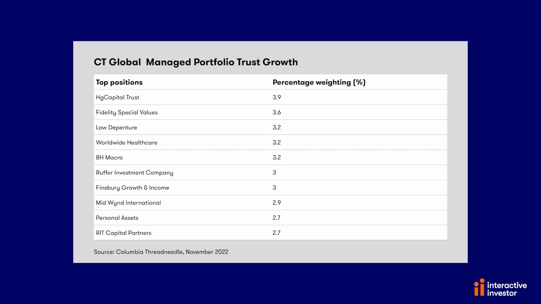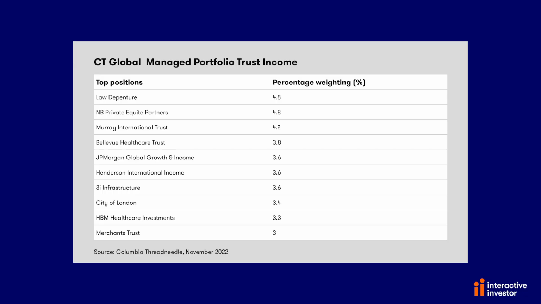I also don't want to own 100. You start proliferating lots of trusts and very small positions at the bottom of the portfolio. Similarly, I don't want just 8 or 10 trusts. I think that could be too much concentration.